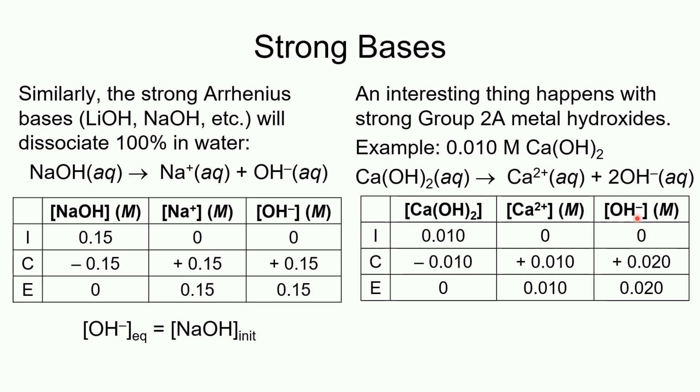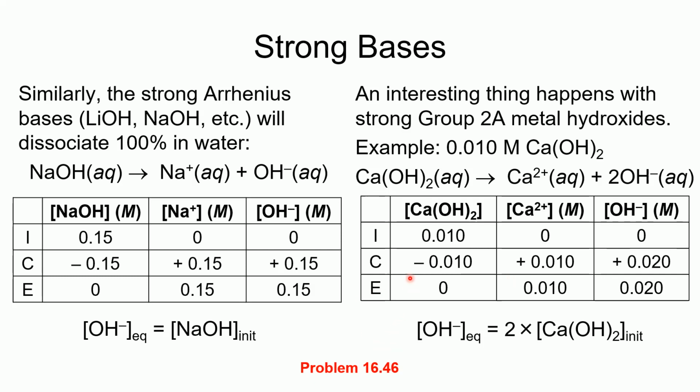But you'll notice because the coefficient in front of the hydroxide is 2, it's going to be twice as big as these other values. So it's 2x in the context of chapter 15 problems. So it'll go up by 0.020 molar. So our concentration of hydroxide at equilibrium is going to be 2 times the concentration of calcium hydroxide. And you'd get something similar for strontium or barium hydroxide.